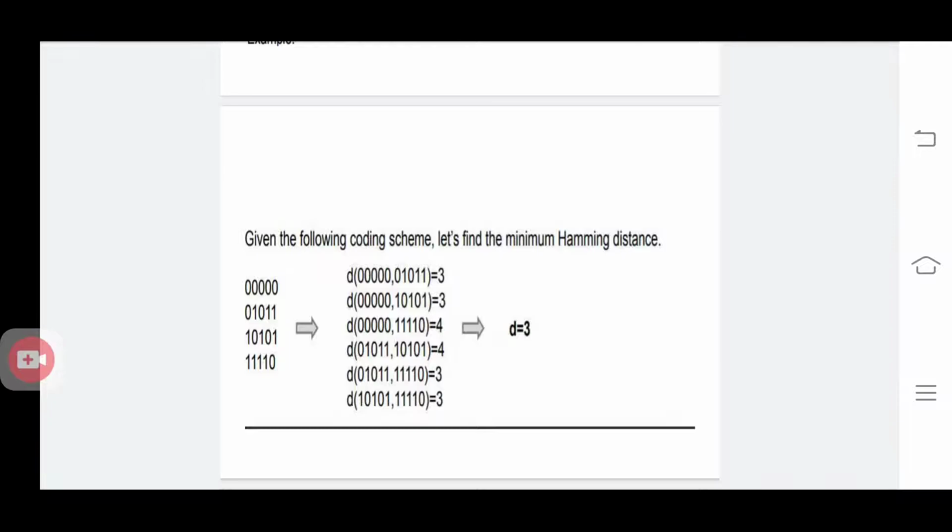Last, you check the third and fourth word, and you get 3 as the result. So which one is the minimum distance? That is D equal to 3, the minimum Hamming distance for these pairs.